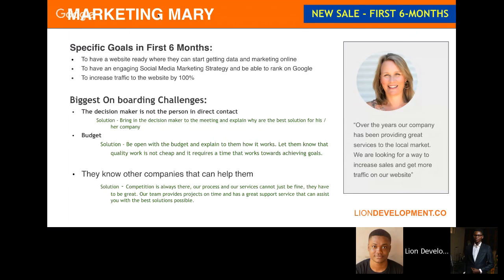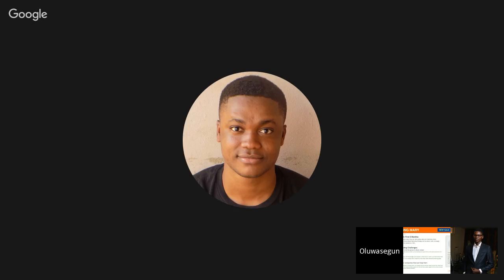These are realistic goals. The rankings and the increase in traffic are not difficult, so I know I can have my team working on it and showing the client that we create a result for them, which makes them happy for the next 6 months.